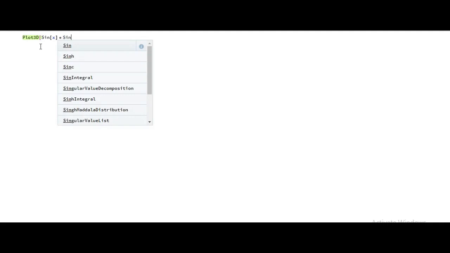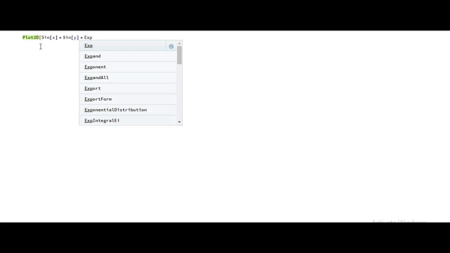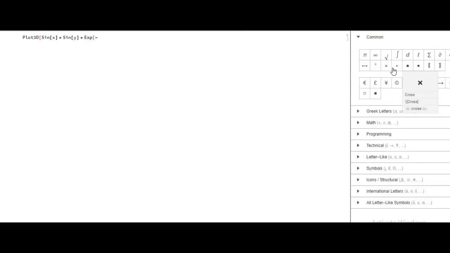So first thing we will write is Plot3D, and then sine of x into sine of y, then exponential, exp, of minus, where we can take a special character.